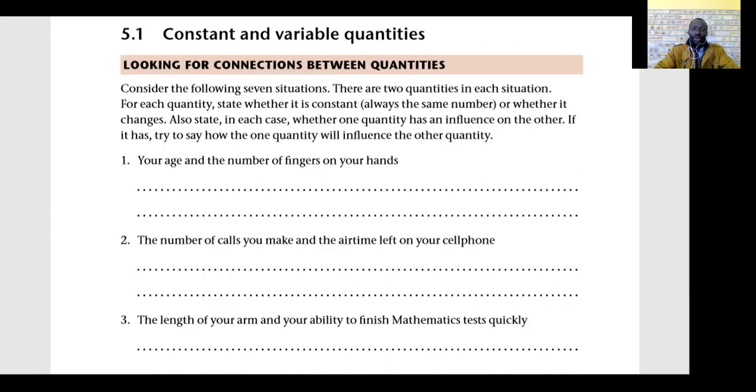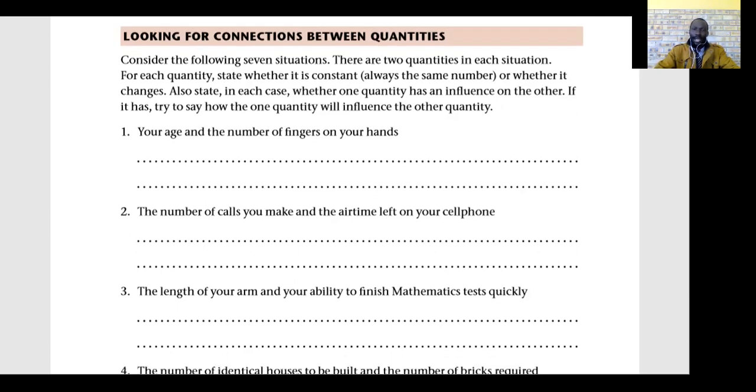So for each question, we will be having 2 items, 2 quantities. And for each quantity, you state whether it is a variable or a constant. Then the second question is, are the 2 related? The third question is, how are they related? So now look at the first question.